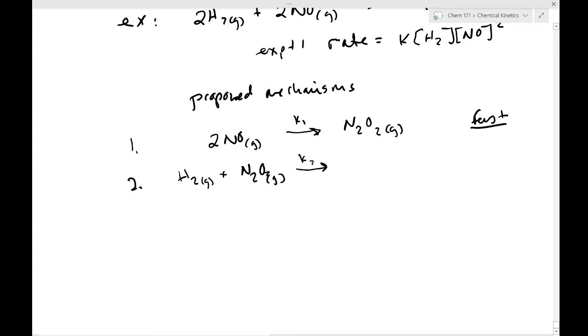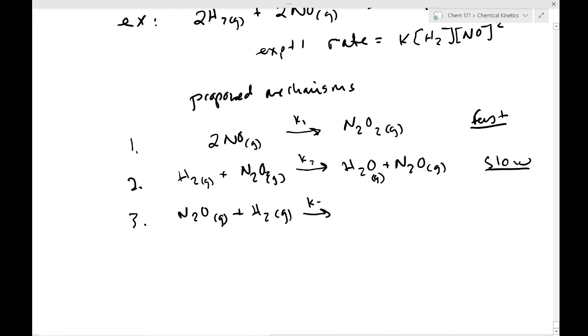This is K2 to give H2O and N2O gas. This is a very slow reaction. And then finally, the third step would be reacting N2O with H2 to form nitrogen gas and water. And this is, again, quite fast.